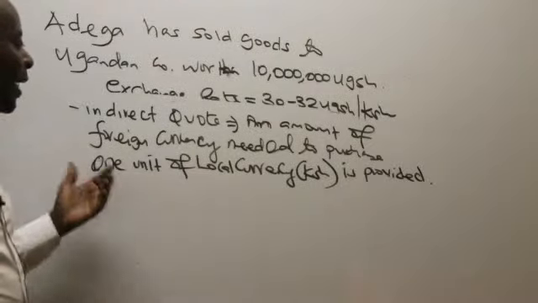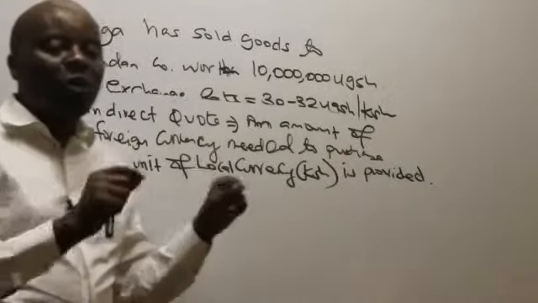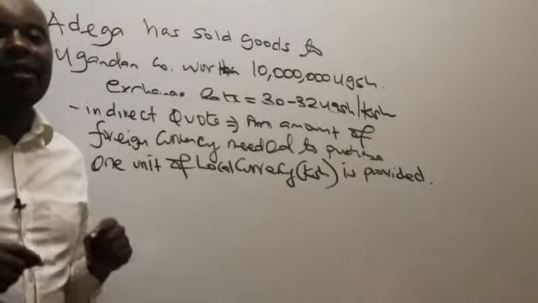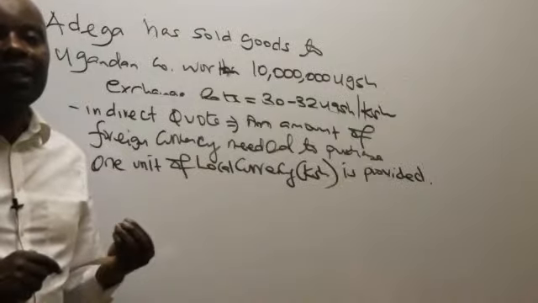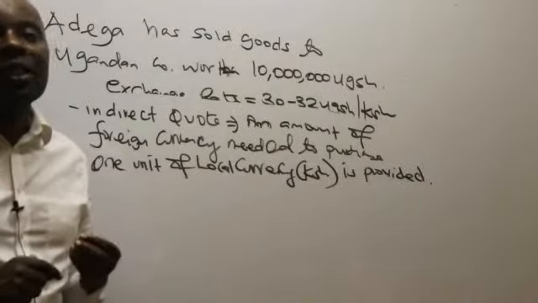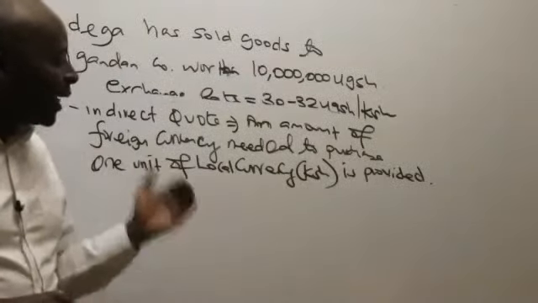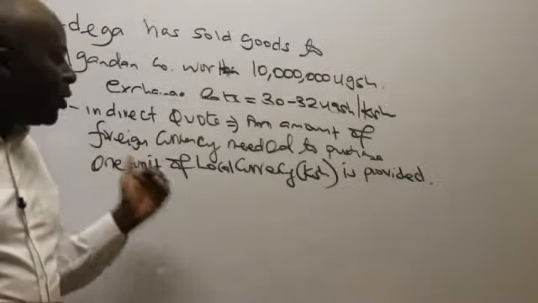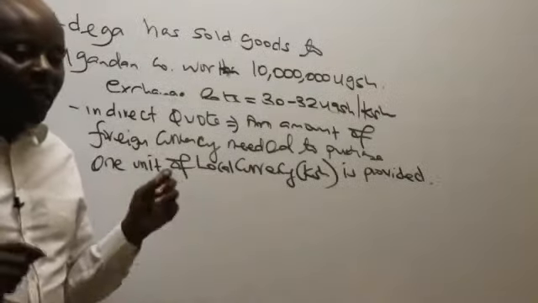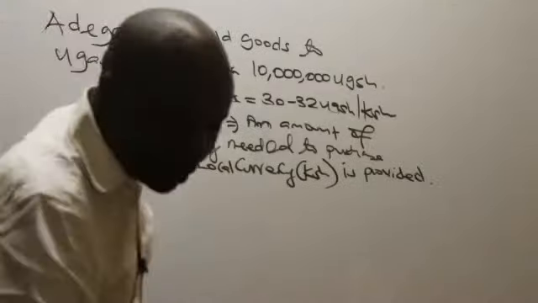So under indirect quotes, we are given an amount of foreign currency. For example, 30 Tanzania shillings needed to procure 1 Kenya shilling. So we are given an amount of foreign currency needed to purchase 1 unit of local currency. I love that.